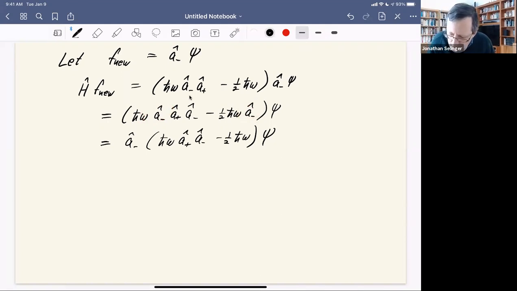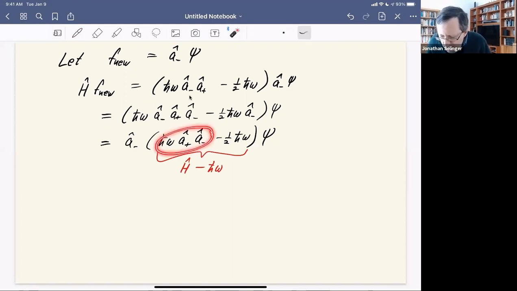And now we look at the stuff here and say, well, this is just like our Hamiltonian minus h bar omega, right? Because one of our expressions for the Hamiltonian was this thing plus a half h bar omega.